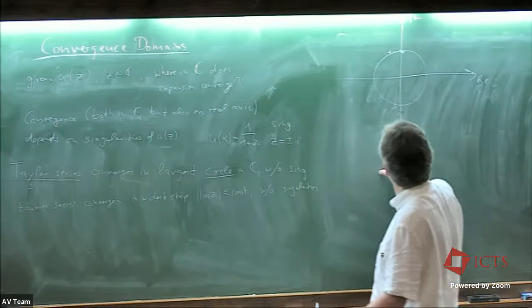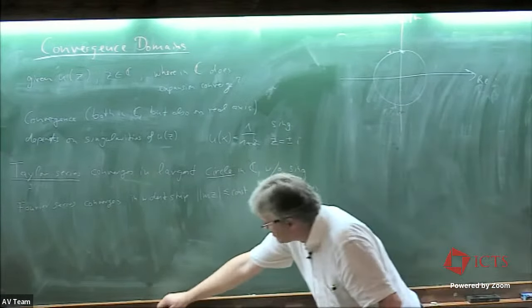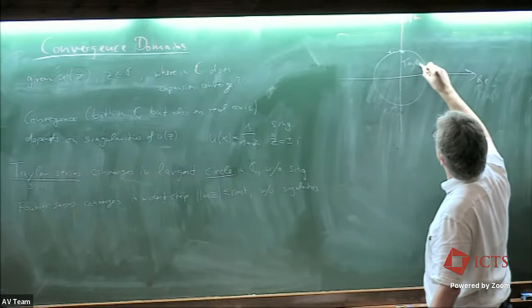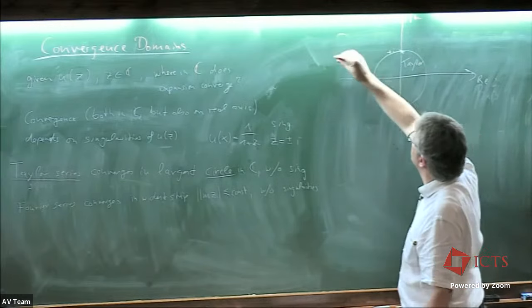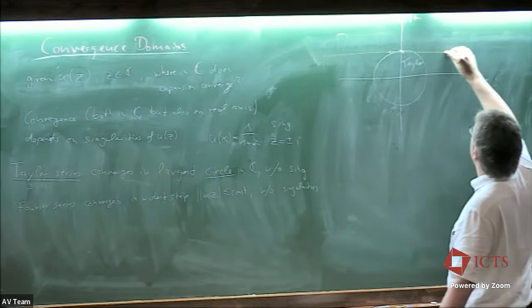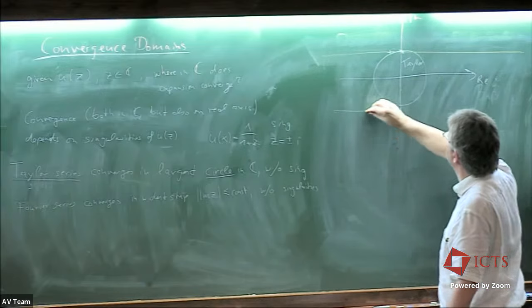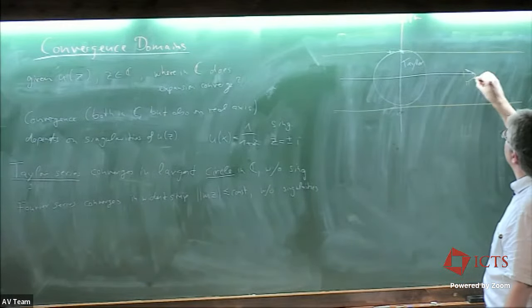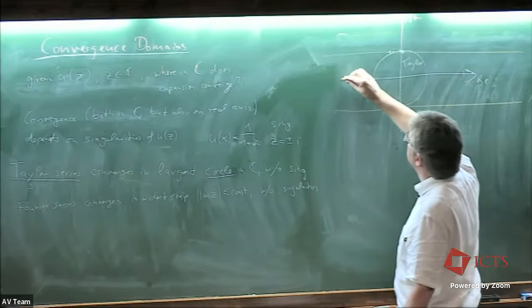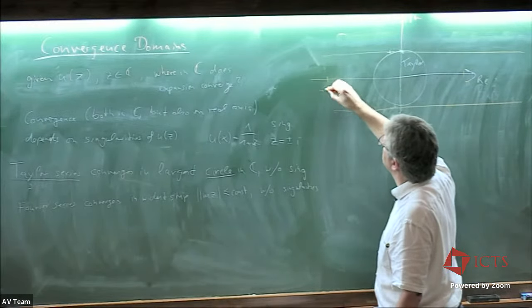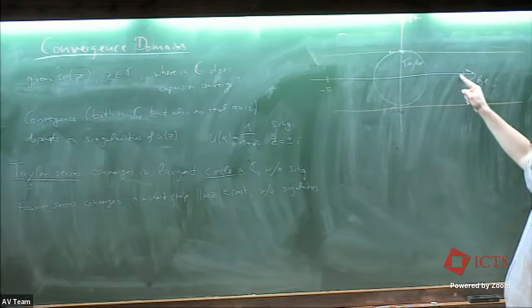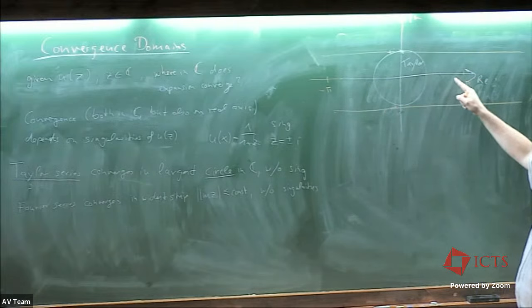So in this particular case, the Fourier series would converge in a strip that goes between plus minus 1, and that goes all the way up to pi and even beyond pi, because the Fourier series is going to be periodic. So even if you're just thinking about the real axis, the Fourier series will converge everywhere, whereas the Taylor series will not.